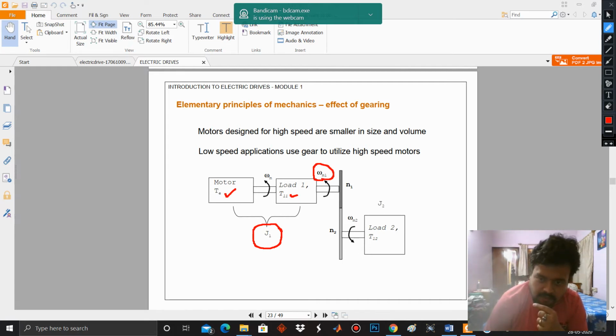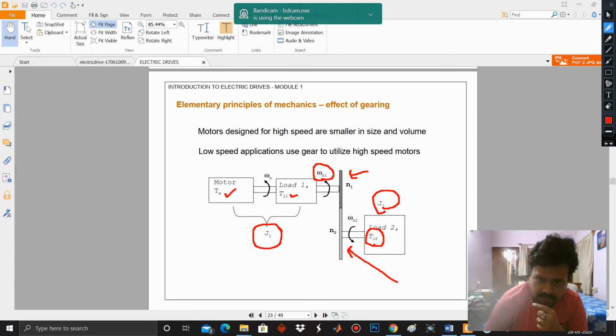And now there is a load 2 whose load torque is tau L2, and it has a moment of inertia of J2. This load 1 and load 2 are coupled by a gear. This is one gear and this is another gear.